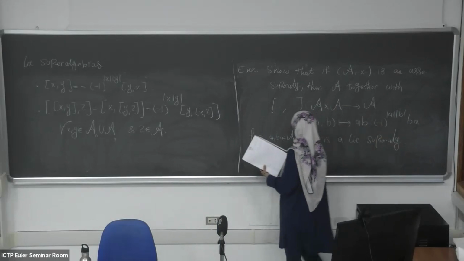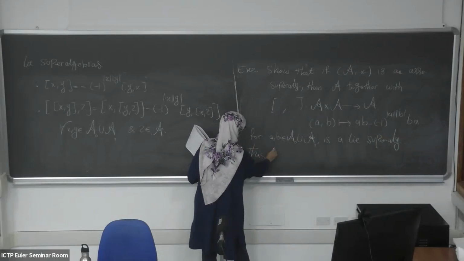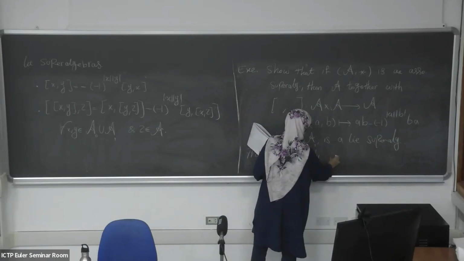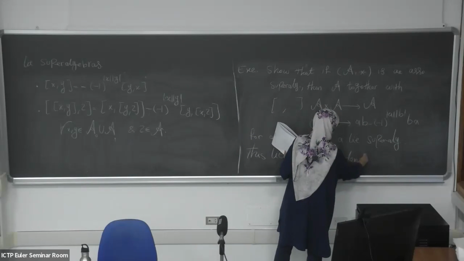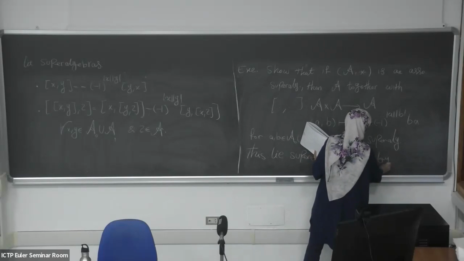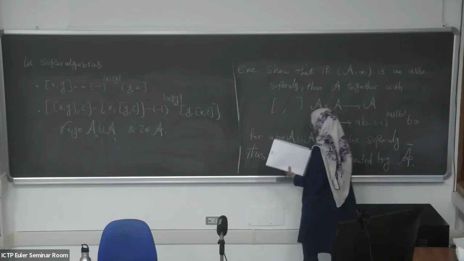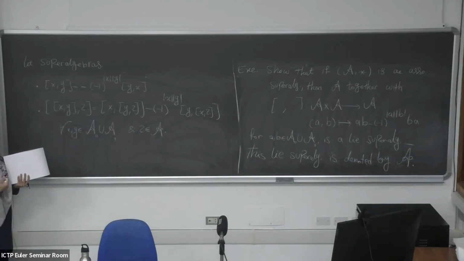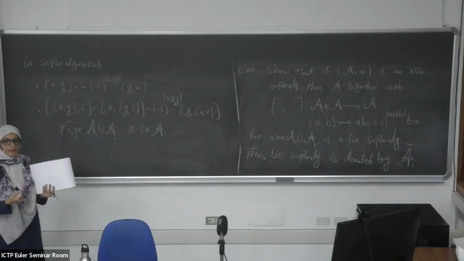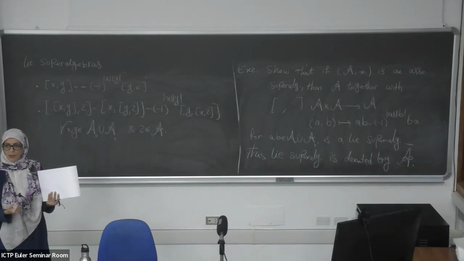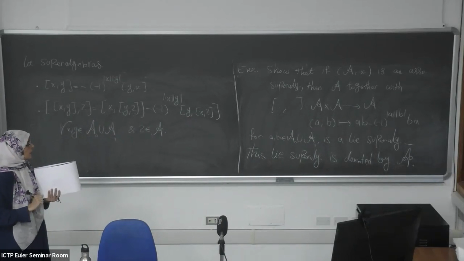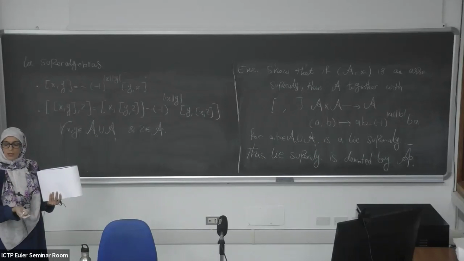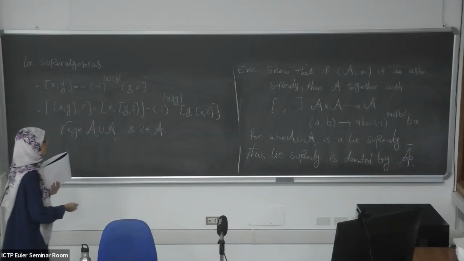This superalgebra is denoted by A^L. So, using an associative superalgebra, we can get a Lie superalgebra. And I gave you some examples of associative superalgebras. Using those examples, you can get some examples of Lie superalgebras.